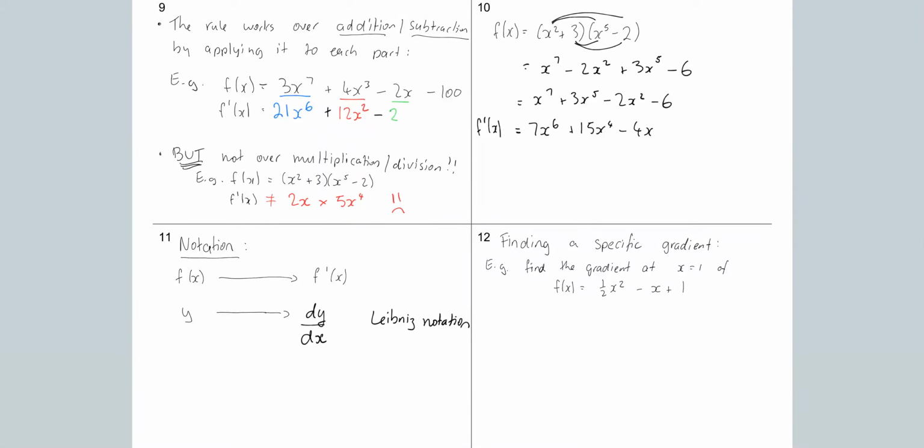But it's named after a guy called Leibniz, and I quite like it because it corresponds to how we've been talking about rates of change. Remember, I got you originally to talk about dy by dx. That was like change in y over change in x, and delta reflected this idea of the change.